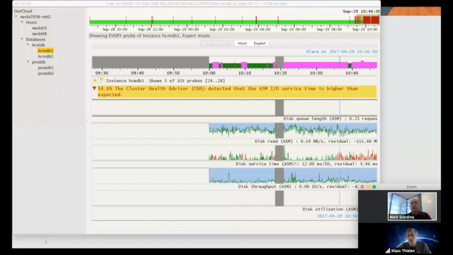TFA means Trace File Analyzer, just for... I hate these acronyms, and now I'm using them myself. Sorry. No problem. Yeah, Trace File Analyzer, which is a part of our AHF. Autonomous Health Framework, yes. Okay.